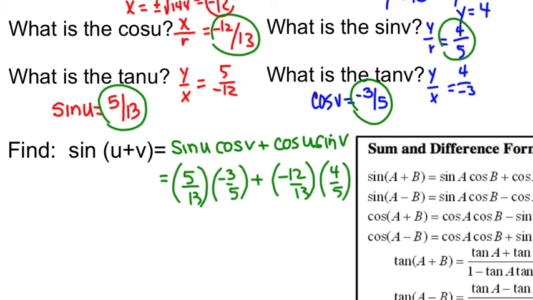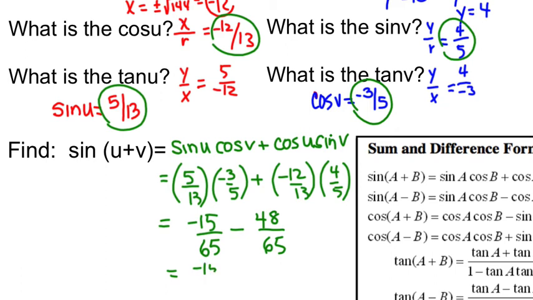And what we do is we just multiply across. 5 times -3 is -15. And then 13 times 5 is 65. Minus, -12 times 4 is -48 over 65. And then combine the fractions together.